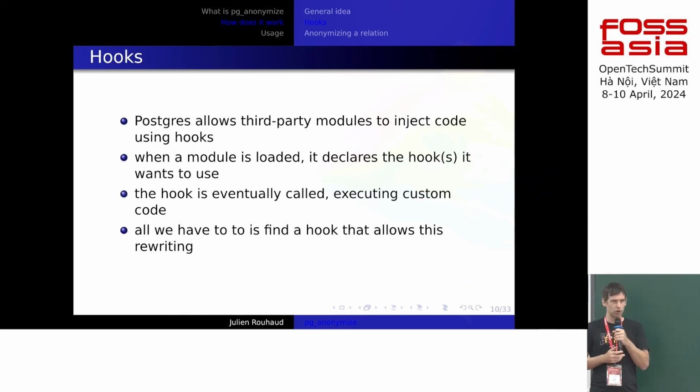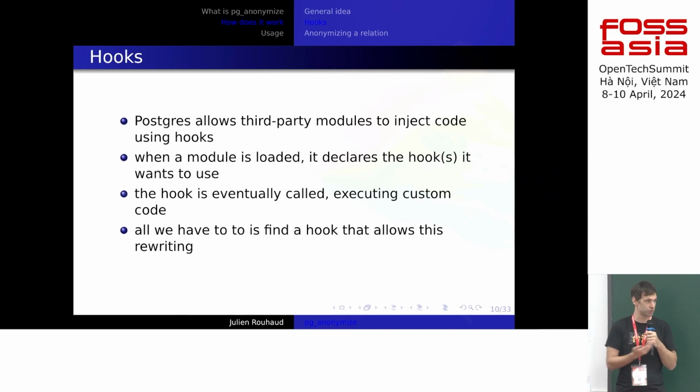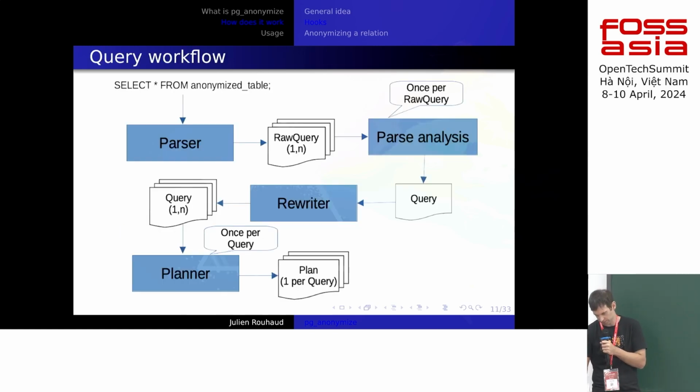When you load your module, you just declare the list of hooks you want to use. Then when Postgres does some action, for example executing a query, if your hook is registered, it will call it and do what you want it to do. So the only difficulty here is to find a suitable hook to do the query rewriting I was talking about.